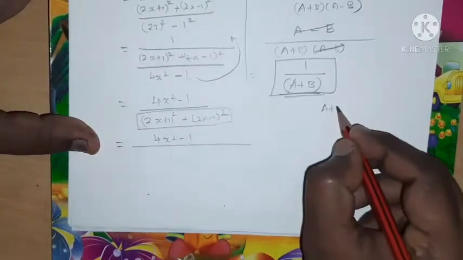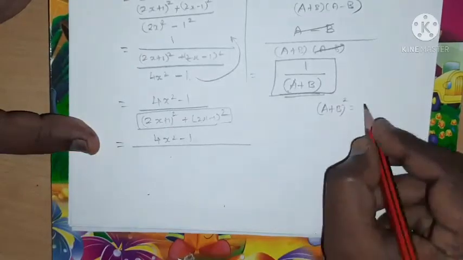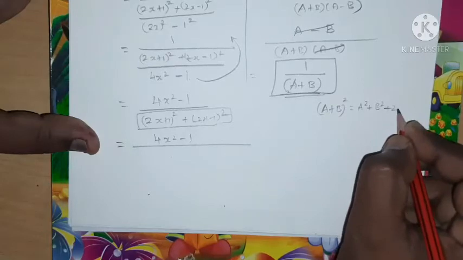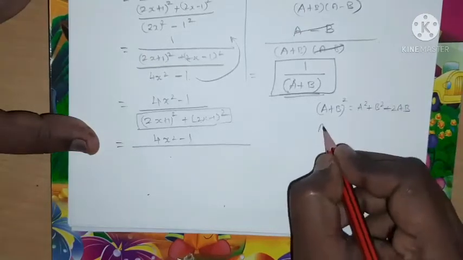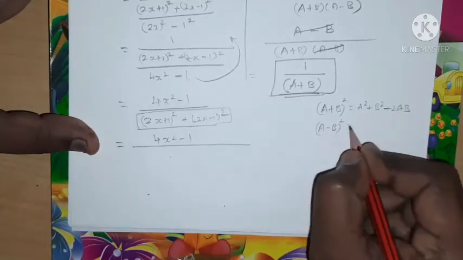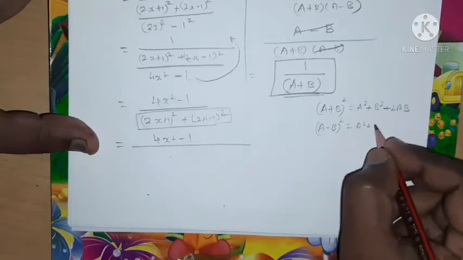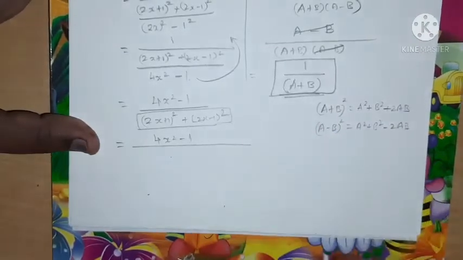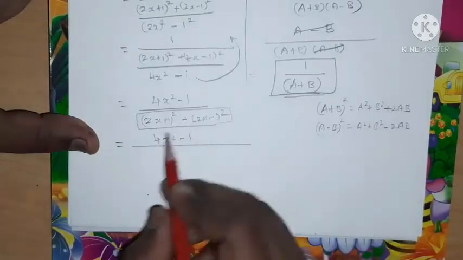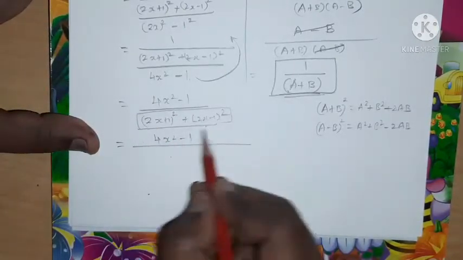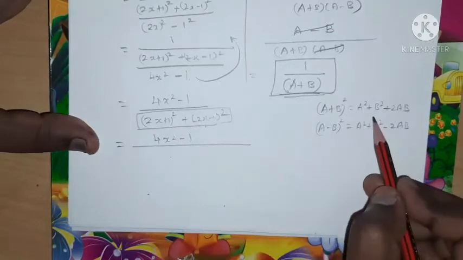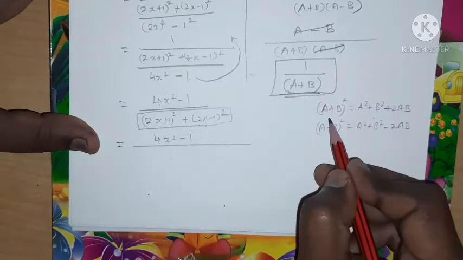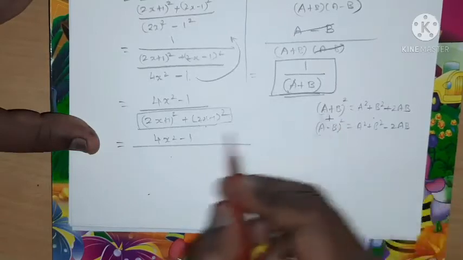We know that (a + b) whole squared is equal to a² + b² + 2ab, whereas (a − b) whole squared is equal to a² + b² − 2ab, right? Either you can expand this and then solve the problem, or else look at this formula itself: (a + b) whole squared, (a − b) whole squared. If I add these two, that's what is here, right?